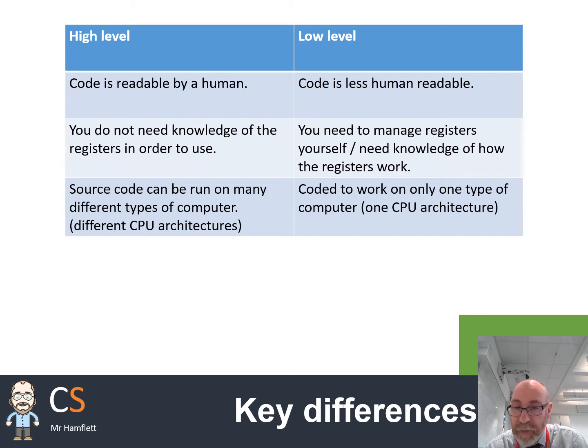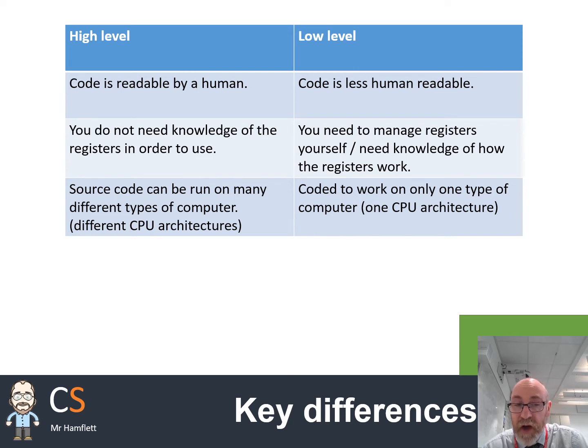You don't have to worry about whether it's going to register 1 or is it using the MAR or the MDR. With low-level languages, you do have to manage the registers yourself. You have to decide what value goes into what register, which means you need knowledge of how registers work, what registers are on the CPU, and those kind of technical details, which is obviously a much more tricky thing to do.